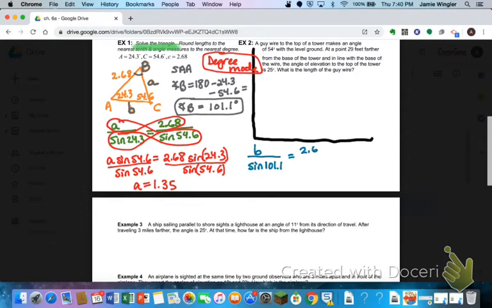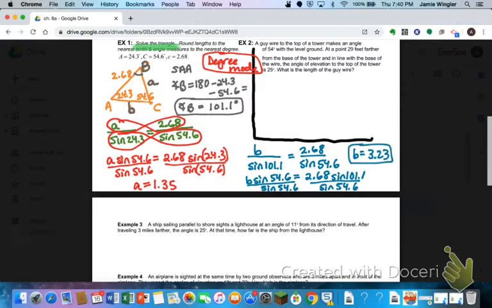I'm just going to use the given side, 2.68 over the sine of 54.6. Cross multiply again, and we're going to get B times the sine of 54.6 equals 2.68 times the sine of 101.1. And then we divide both sides by the sine of 54.6, and we get side B to equal 3.23.